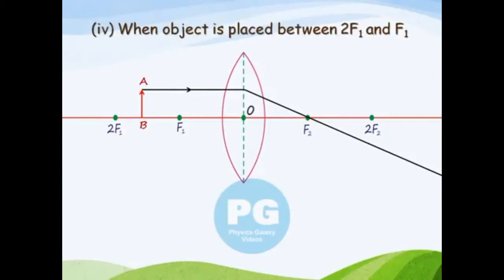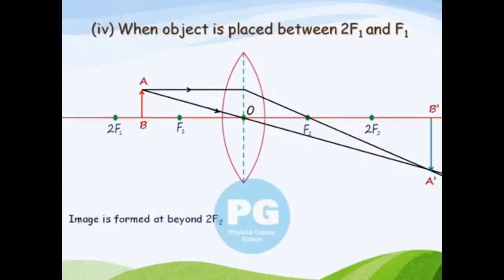Now, the second ray passes through optical center. It will go undeviated, and it meets the first refracted ray at this point. We name this point as the image of point A, that is A'. And now we draw a perpendicular to the principal axis, and we draw A'B'. That is the image of object AB.